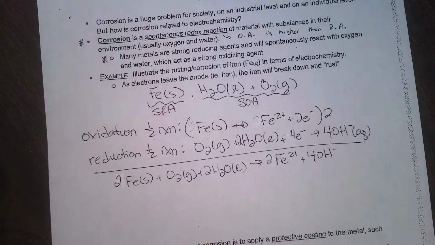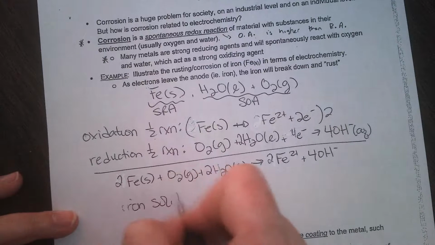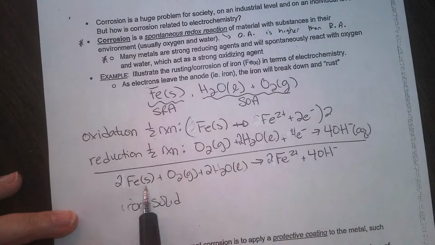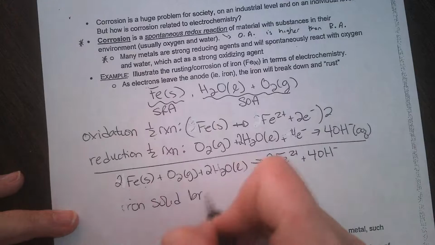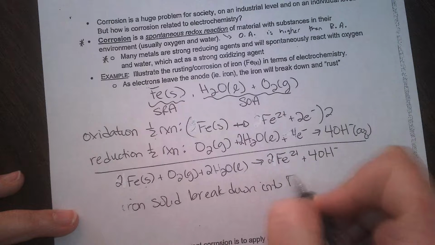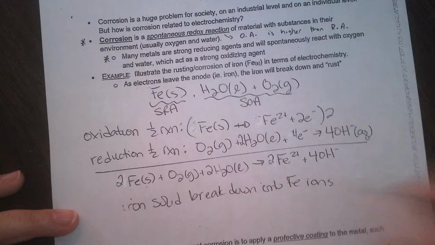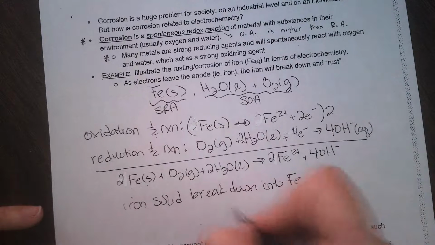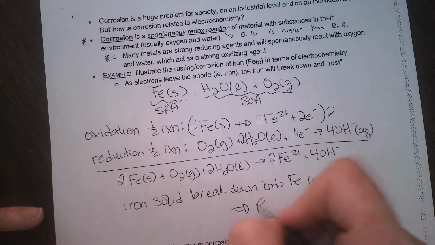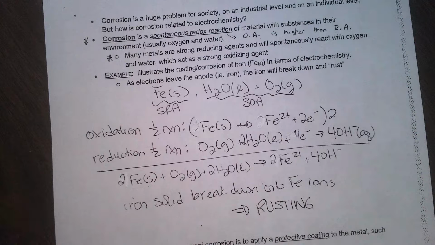So what we see here is that the iron solid, right here, iron solid, is going to break down into iron ions, and we call this rusting. Okay?